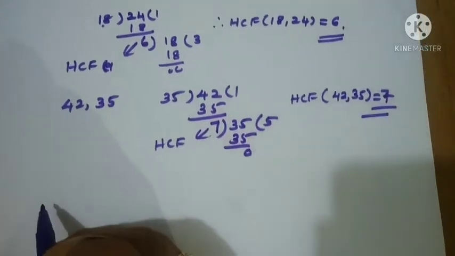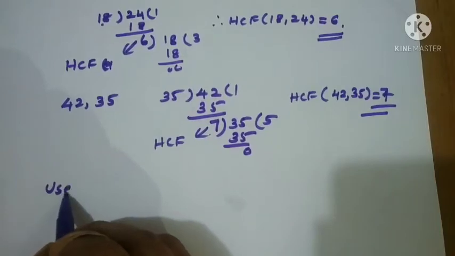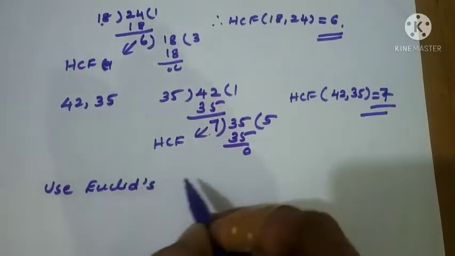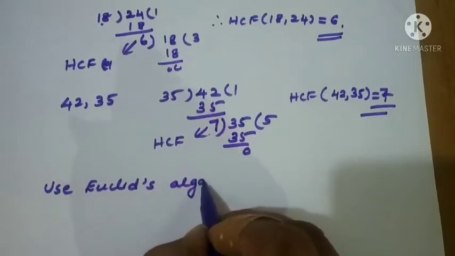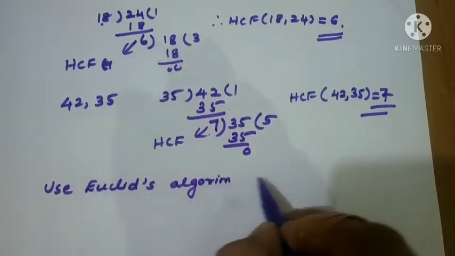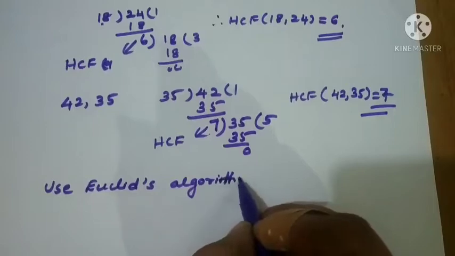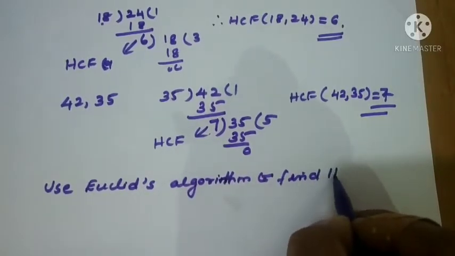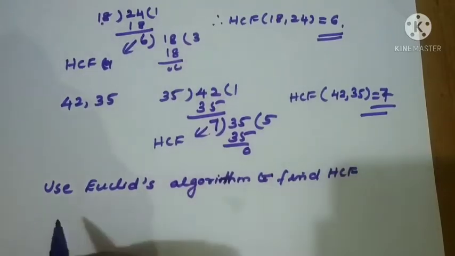Now what is the change they have given? Use the Euclid algorithm to find the HCF of the following numbers.